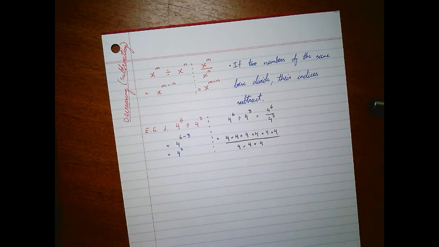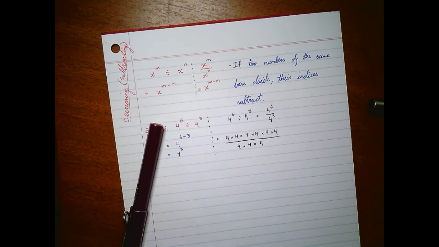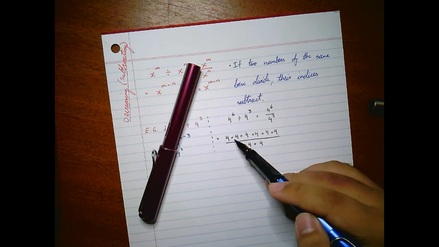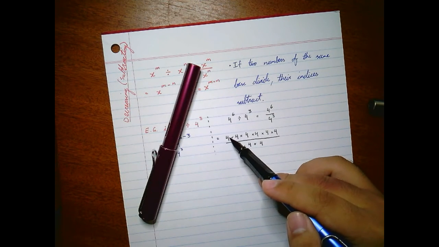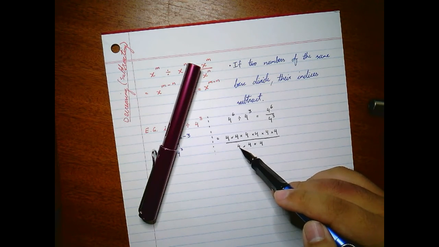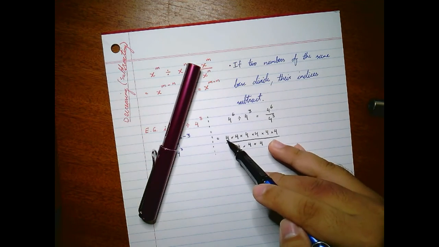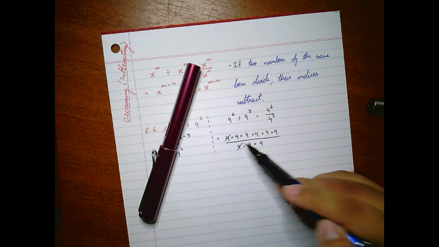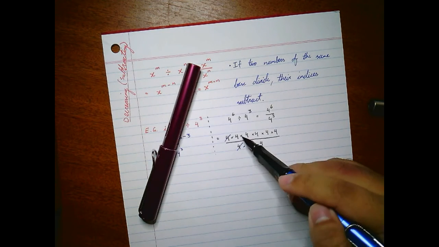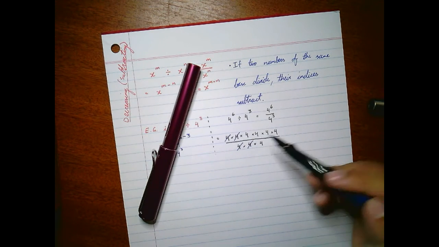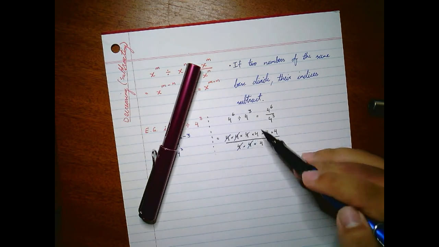So, if we remember from fractions, that if we have on the numerator a factor which is also on the denominator, we can cross them off. So, here's one 4 on the top and one 4 on the bottom. That's one on the top, one on the bottom, one on the top, one on the bottom.